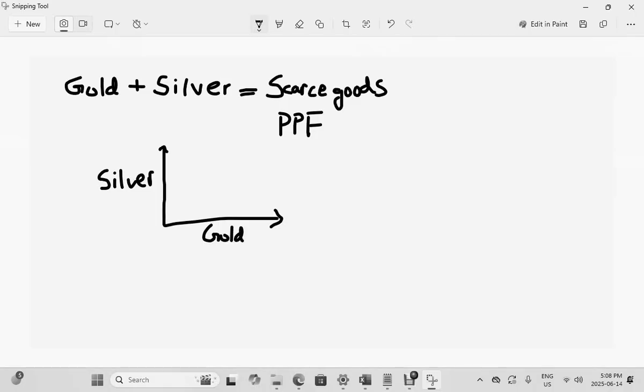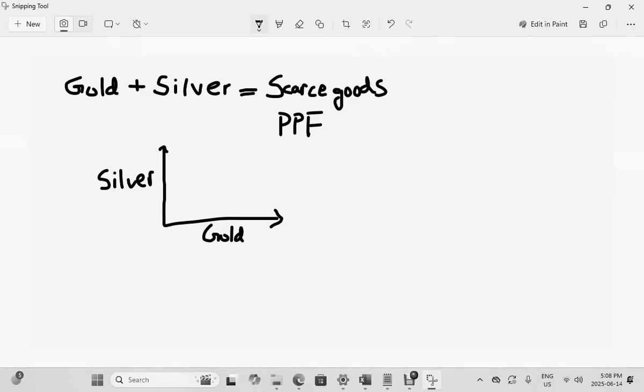When it comes to allocation of resources, such as tools, equipment, and labor, you have to decide between either or. Especially if resources are scarce, you cannot allocate them towards mining both metals.